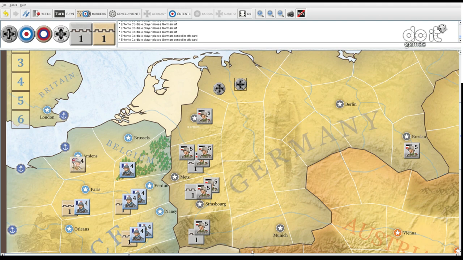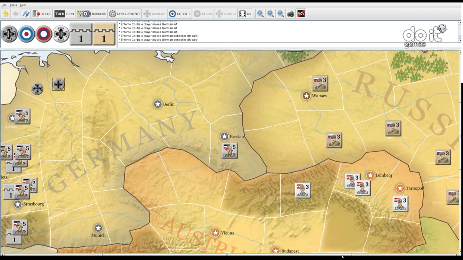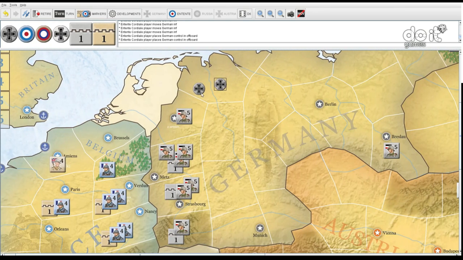Obviously, the Germans control the areas of Germany at the beginning of the game. So we can put one marker in every area of Germany, but honestly this is not necessary, as we already know that all the areas in Germany are controlled by the Germans. So we can avoid this.